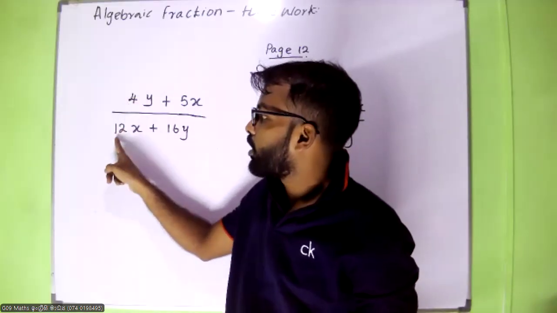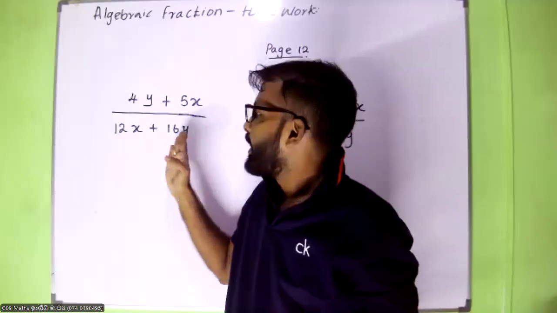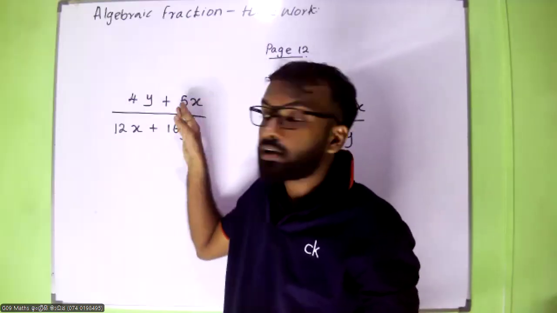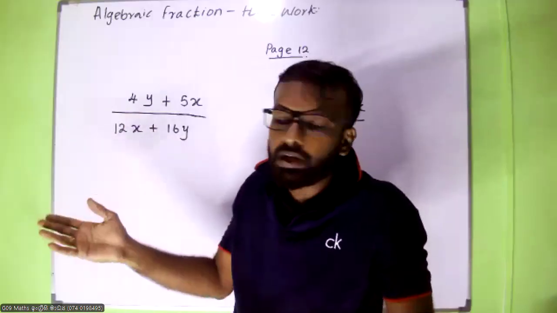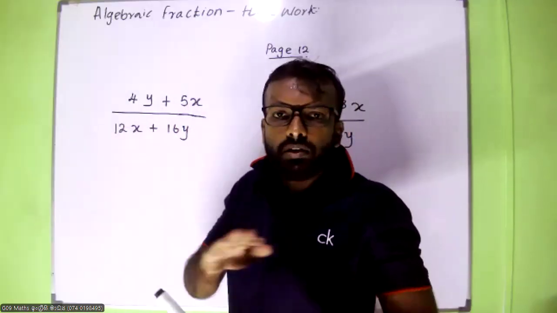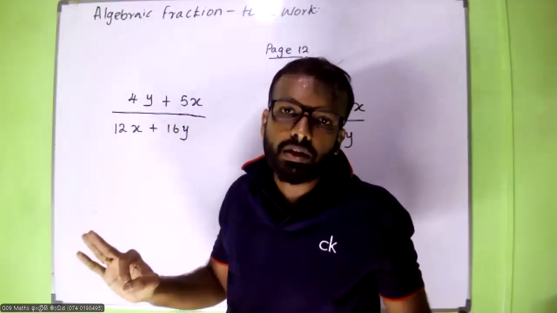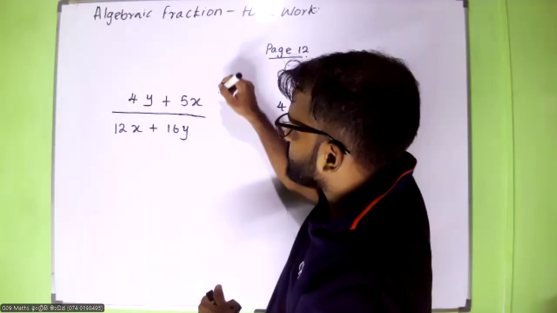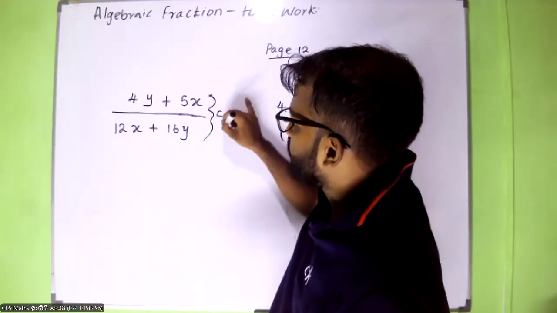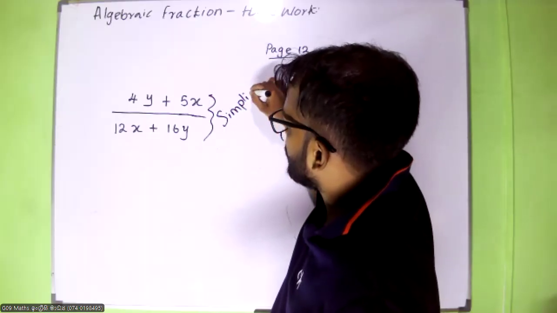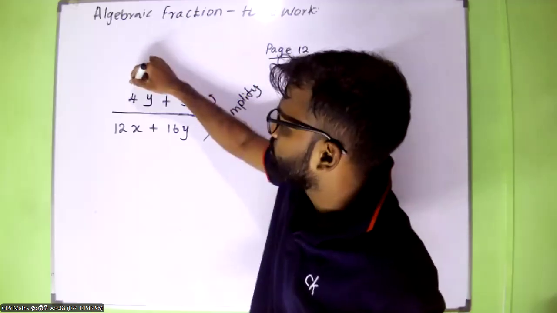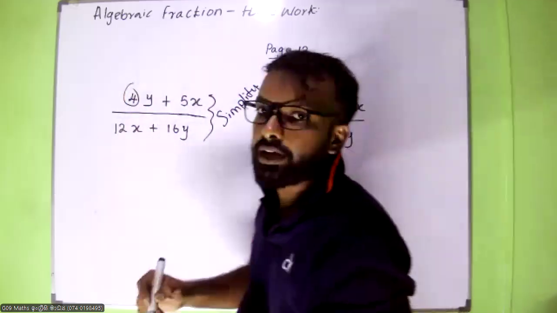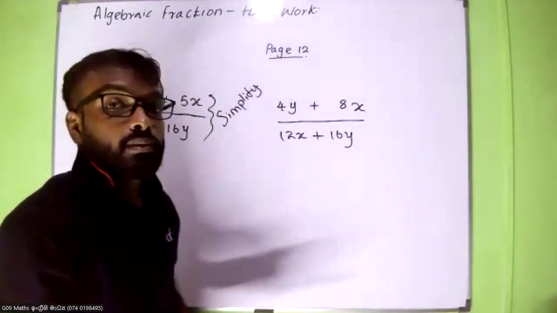Here you have 4, here you have 12. 12 is a multiple of 4 and 16 is also a multiple of 4, but 5 is not a multiple of 4. That means for this 5x term, you cannot find any common factor. So you cannot simplify this by using 4. You cannot divide.